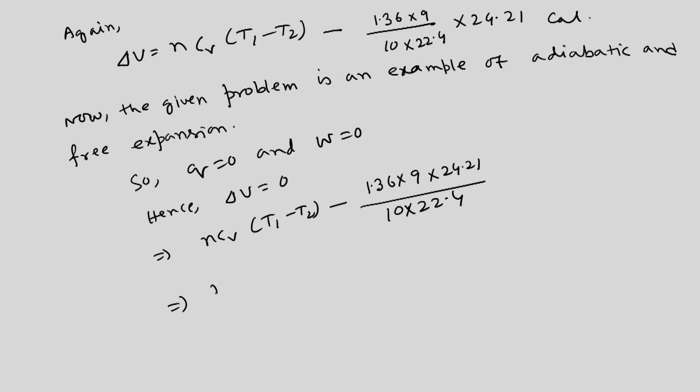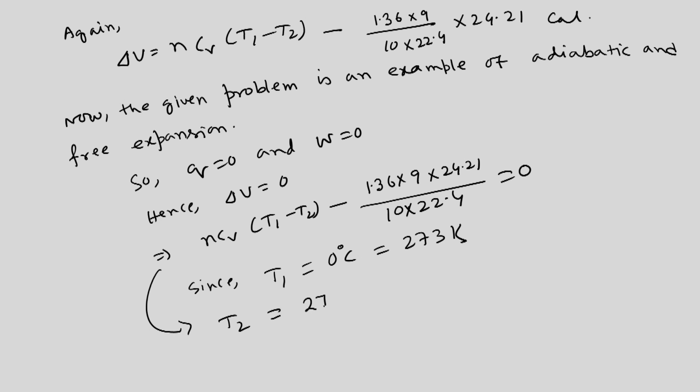Since T1 equals 0 degrees Celsius means 273 K, we get T2 equals 272.73 Kelvin.